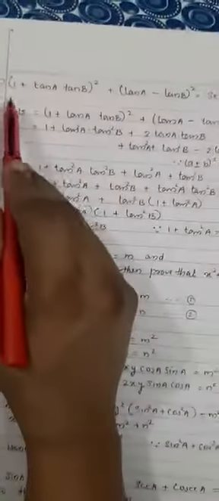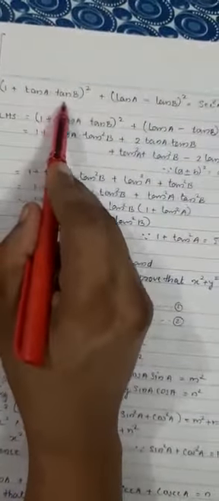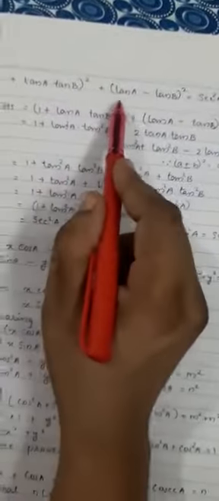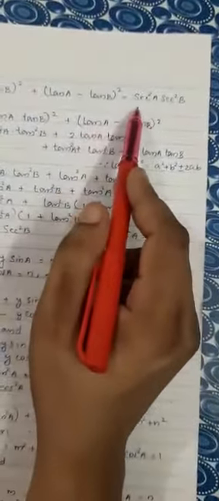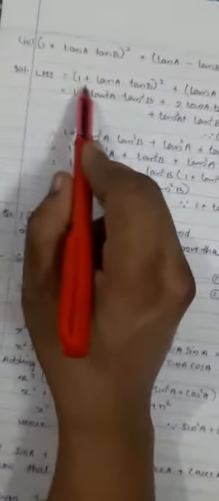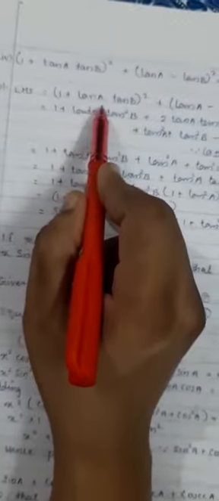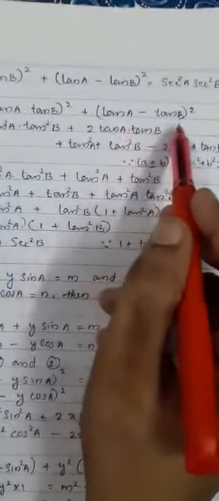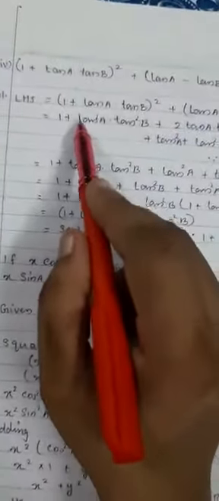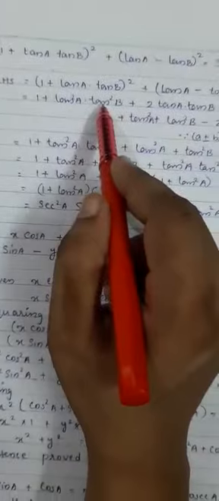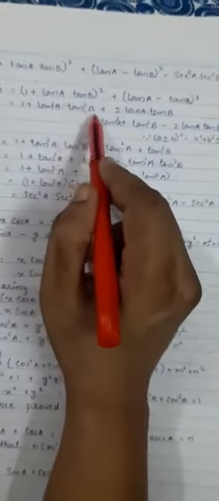Next question. 1 plus tan A into tan B the whole square plus tan A minus tan B the whole square equal to sec square A into sec square B. LHS equal to 1 plus tan A into tan B the whole square plus tan A minus tan B the whole square. As we know, A plus B the whole square is equal to A square plus 2AB plus B square.